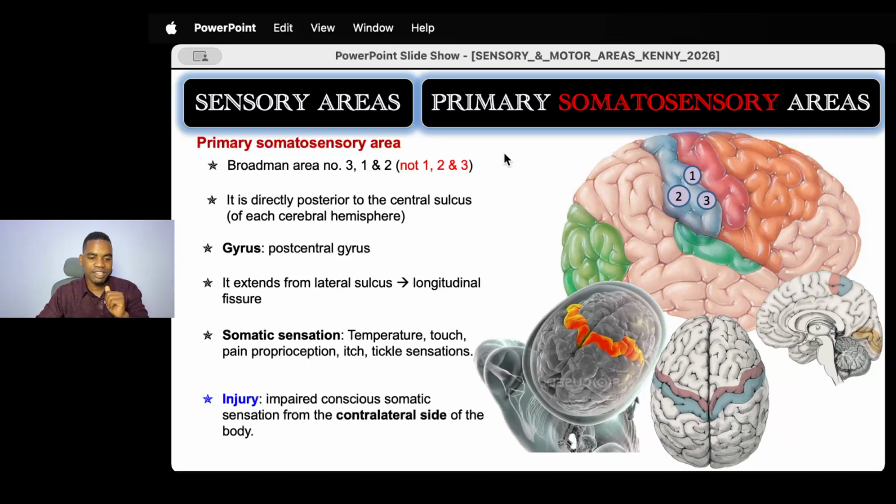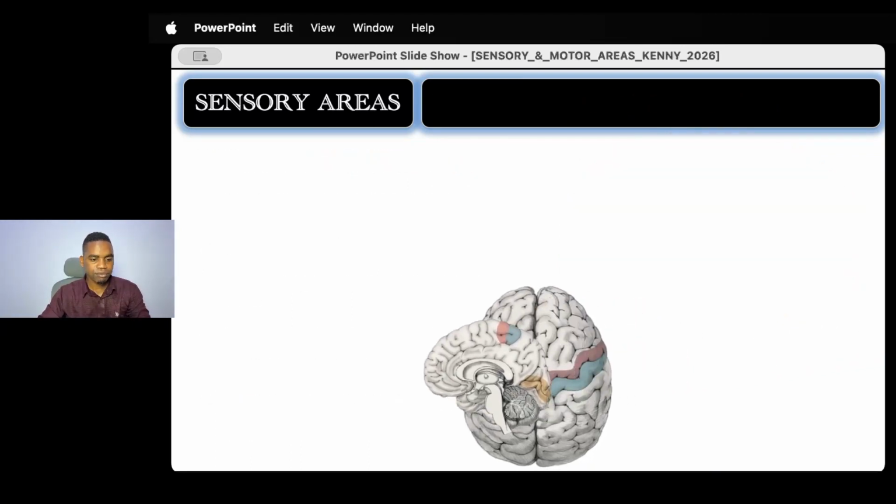They are not covered within the primary somatosensory area. So what is the implication? What if you get damage to the primary somatosensory area? You might not be able to receive this somatic sensation from the contralateral body side. If you have injury to the left primary somatosensory area, then you might not be able to feel from the right side of the body.